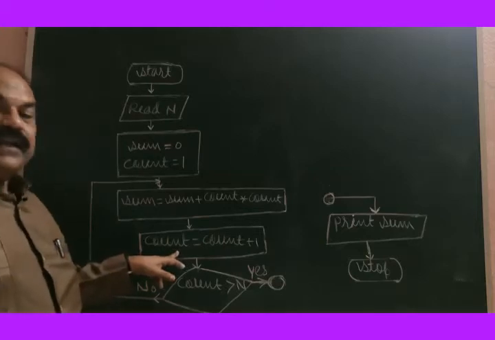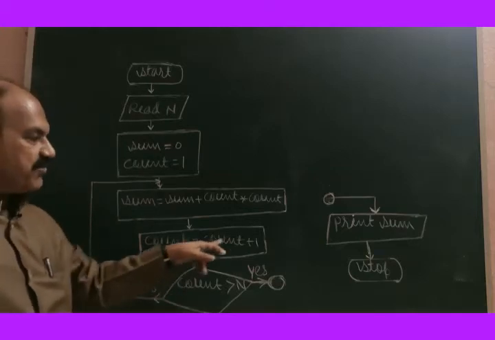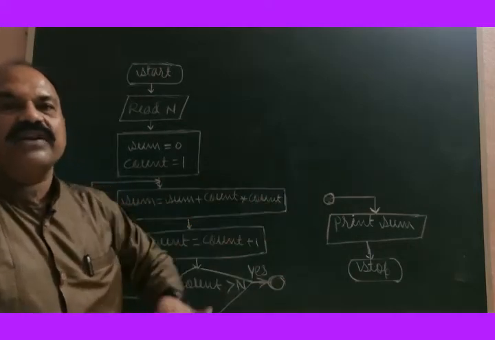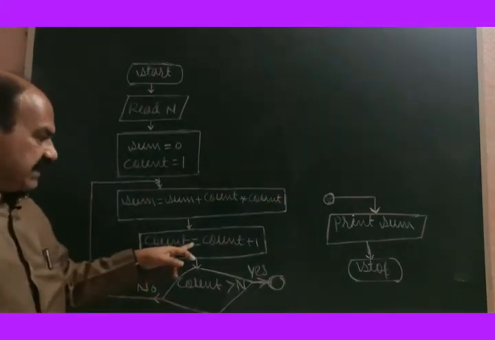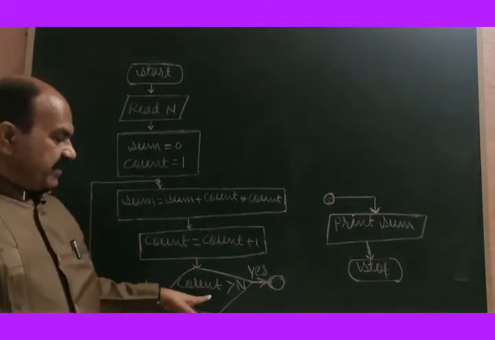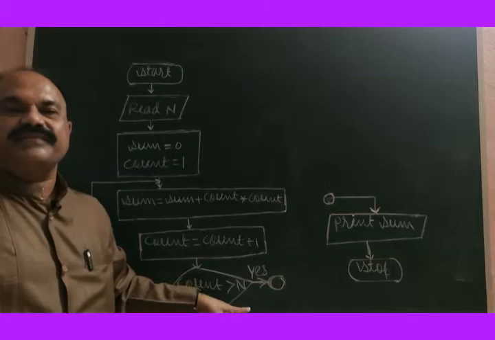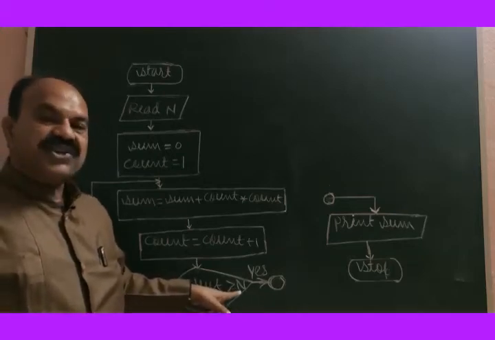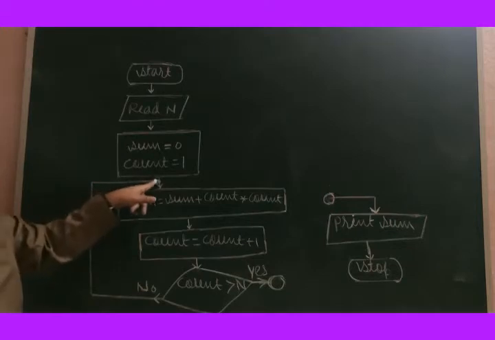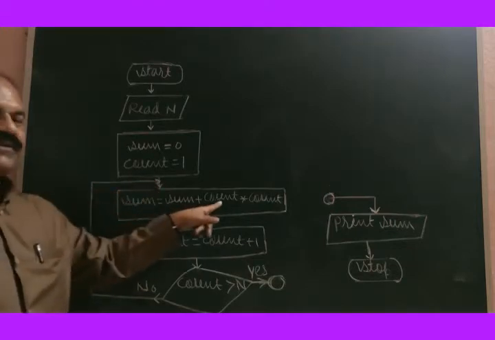Increment count here. Count is equal to count plus 1. So take that as the 7th or 8th step. Increment the count by 1 and see whether count is greater than n. If count is not greater than n, answer no, go back to this step, go to the sum.